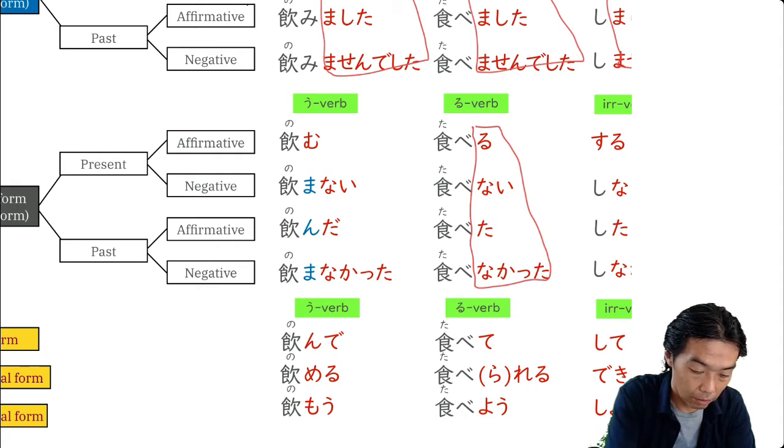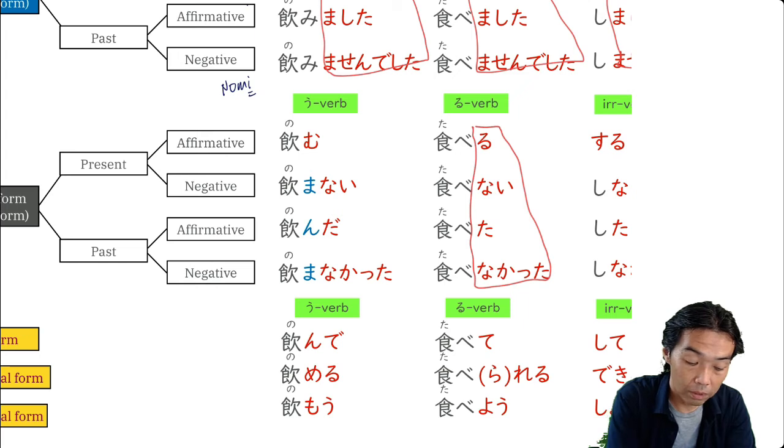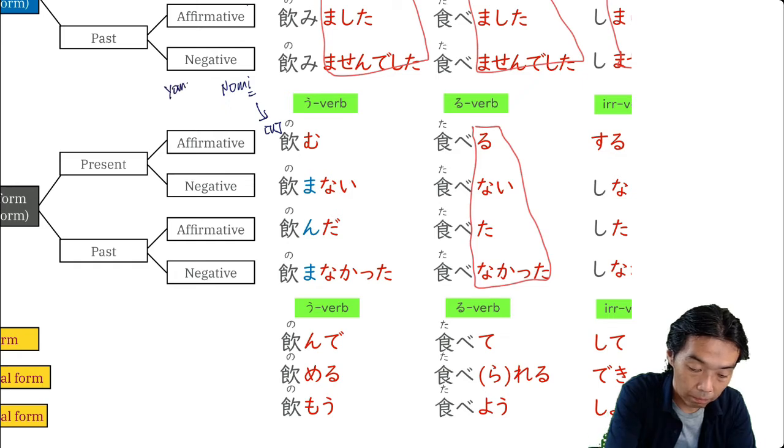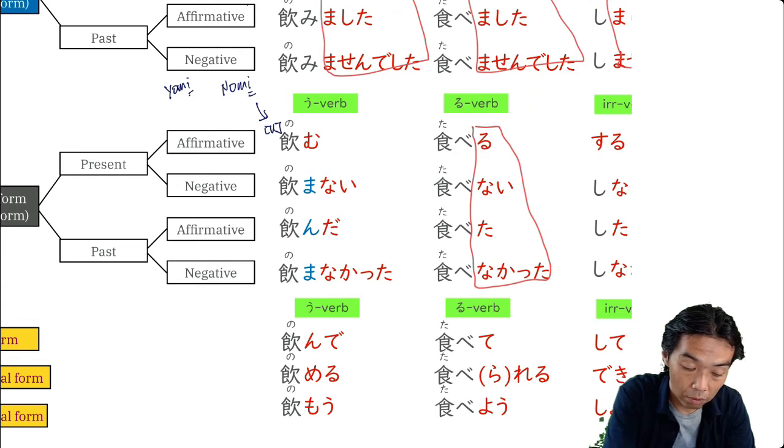So what happens with the plain present affirmative is the i sound becomes u sound. So nomi becomes nomu. Yomimasu, which is to read, becomes yomu.